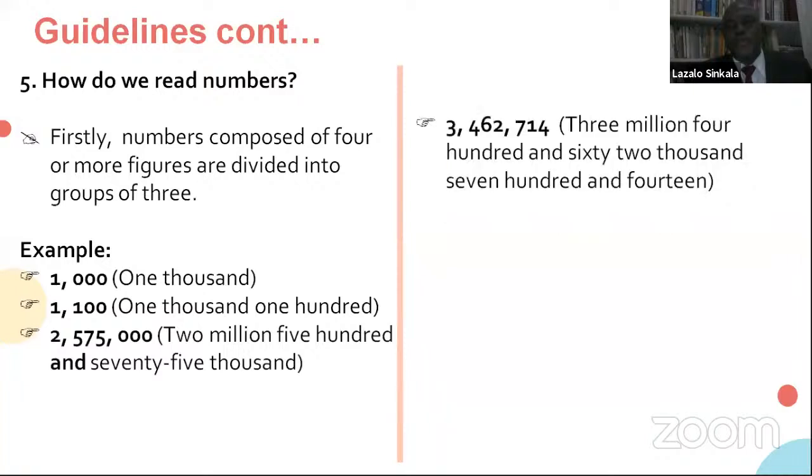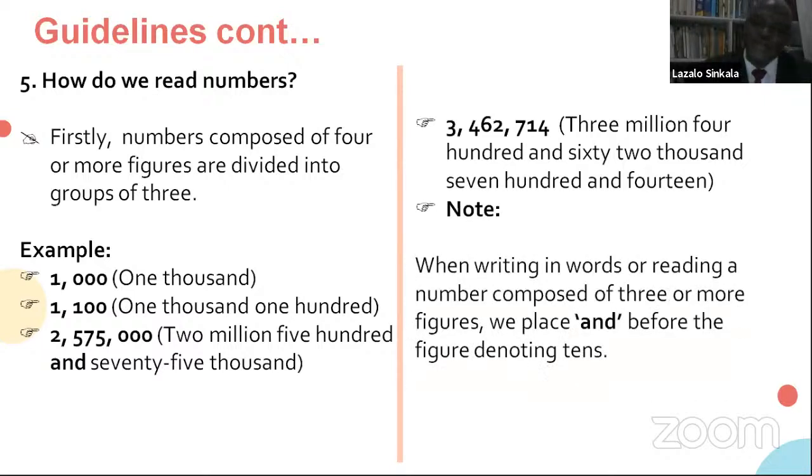Look at this one. 3,462,714. Note that when writing in words or reading a number composed of 3 or more figures, we place "and" before the figure denoting tens. And that's why we have "and 14."